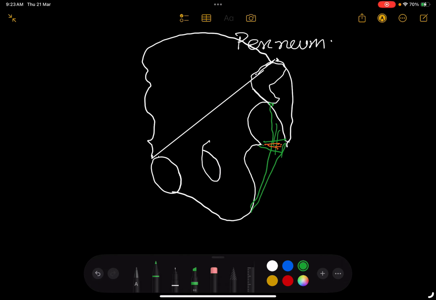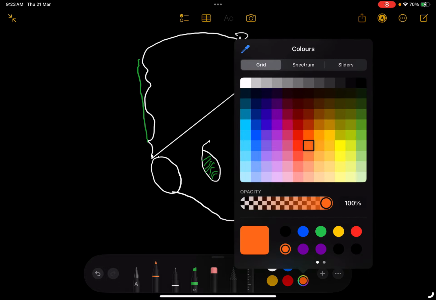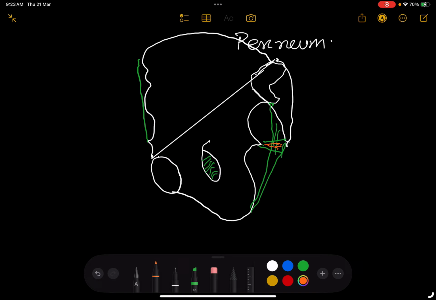Here we'll place the ligaments first, the inguinal ligament, the obturator membrane, and then we'll place the obturator internus muscle like this, which is going out of the lesser sciatic notch to get inserted into the femur. So this is the obturator internus muscle.